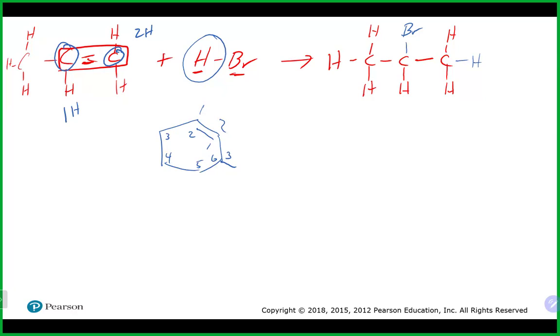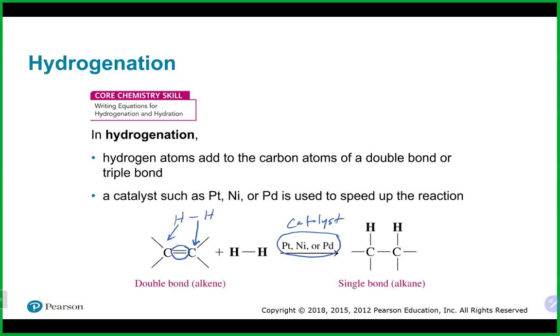We could also do these types of addition reactions with a double bond in a ring structure. It works the same way. You basically just get rid of the double bond and pop those two things in the appropriate spaces. Any questions on any of that? All right, so as we were talking about, a hydrogenation reaction is basically converting our double bonds into a single bond, or taking our triple bond into a double bond as well.